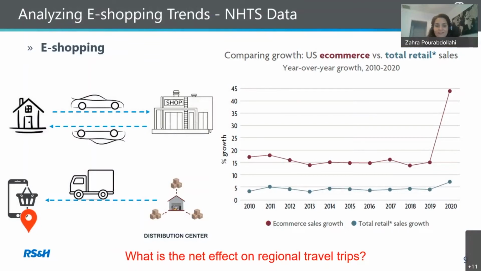Since the late 90s, e-commerce has taken off in the US and everywhere in the world, and every year there has been a steady shift from traditional physical shopping, like going from home to the store to shop, to online shopping, ordering for delivery to your house or work or wherever.